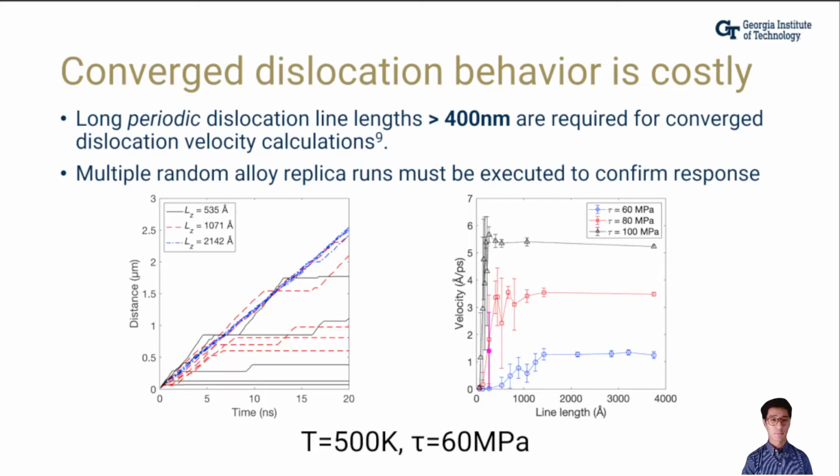Similarly, the right plot illustrates a large deviation in the dislocation velocity below a minimum critical system size, with multiple random alloy instantiations required to assess the validity of your dislocation mobility result. The minimum line length is also found to be sensitive to both the temperature and applied stress range. Thus, the resultant set of full MD studies becomes extremely costly.